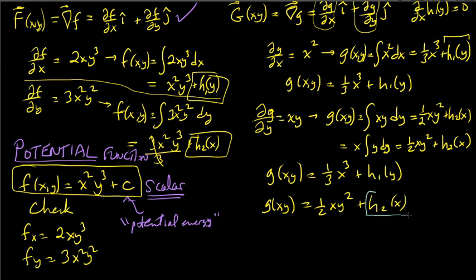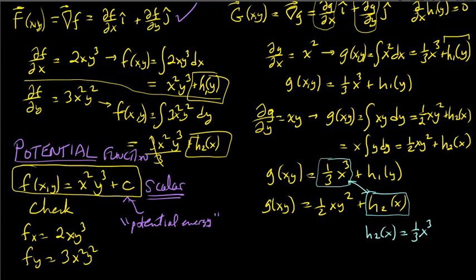Well, 1/3 x cubed only depends on x, so it is a wonderful candidate for that function of x. So h2 of x, I think we can just let that equal 1/3 x cubed, plus a constant. We'll get to the constant later.